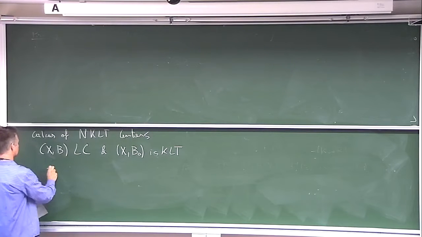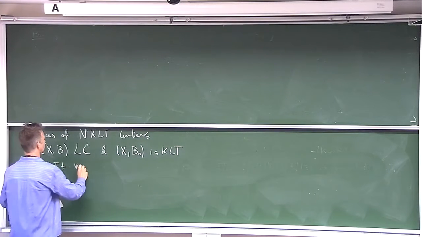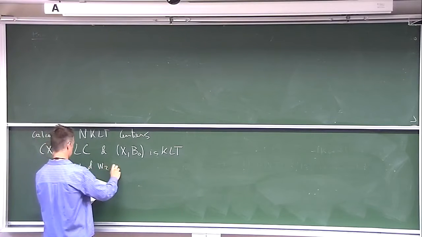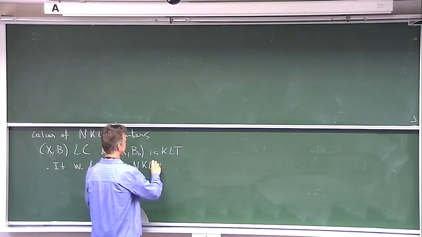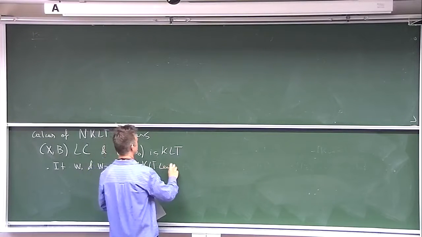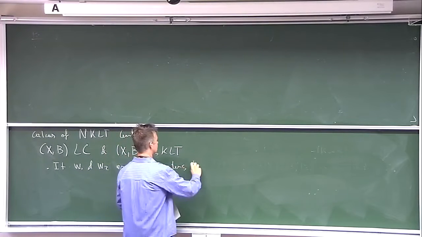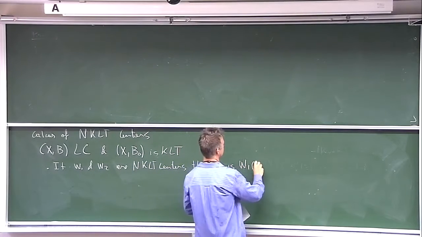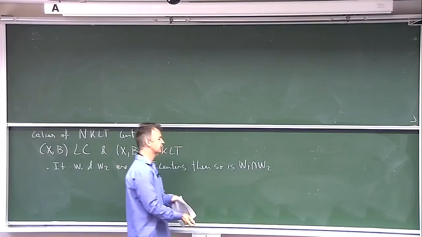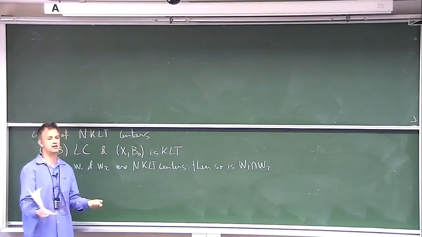So suppose that W1 and W2 are non-KLT centers, then so is W1 intersect W2. I have to be a little bit careful. W1 intersect W2 may have many components.